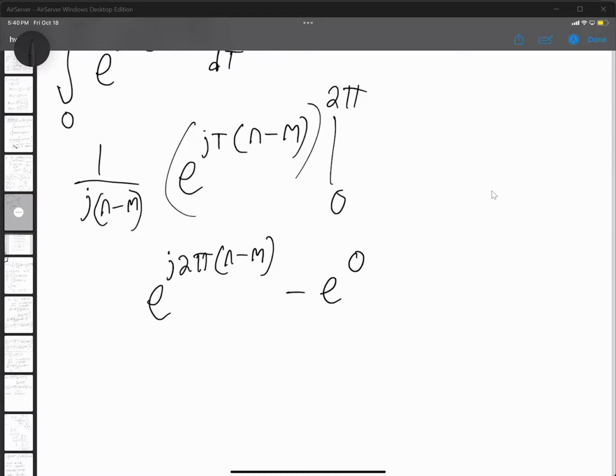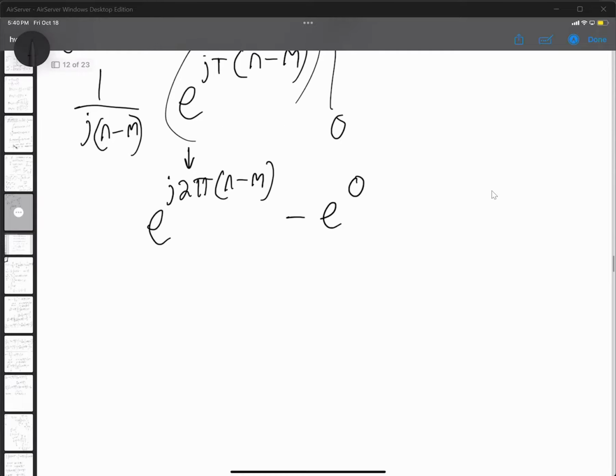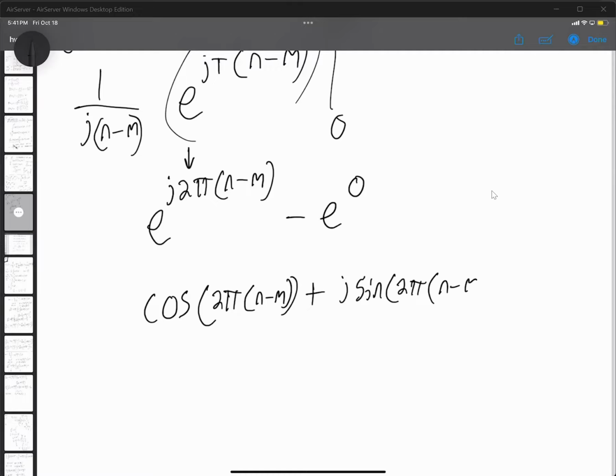It has a cosine variant of 2 pi n minus m and a sine variant, j sine of 2 pi n minus m. Well, we know sine at 2 pi is 0, but what is cosine? Cosine is going to be 1. So 1 minus 1 is equal to 0, and the whole thing will be 0.